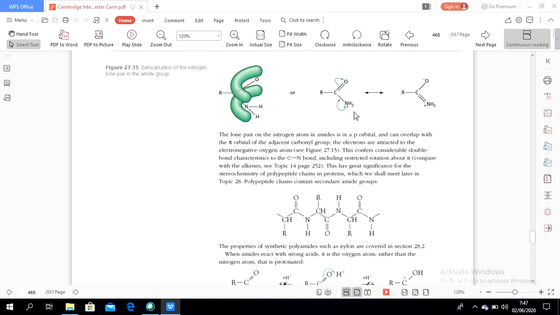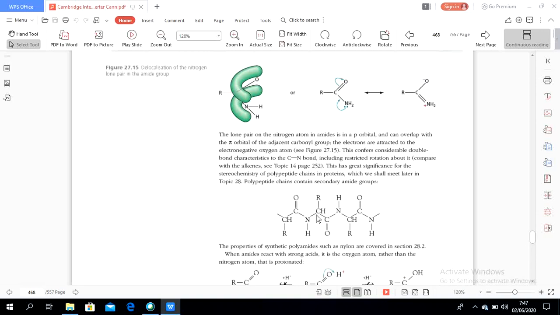We know that at the C-N bond there's an H, and this N is bonded with the C again. The electron goes inside, and that makes the double bond character. The carbon has a positive charge, the electron is being pulled towards the oxygen, which becomes negative. And then the NH of the amide, when it is bonded with another amide, the N will lose one hydrogen, and then the electron makes a bond with the other carbon of the amide.